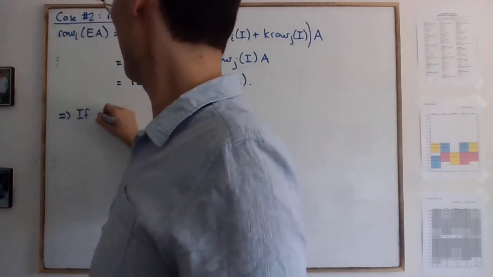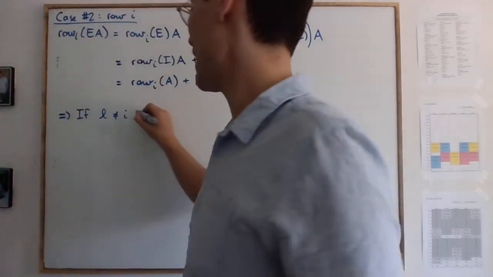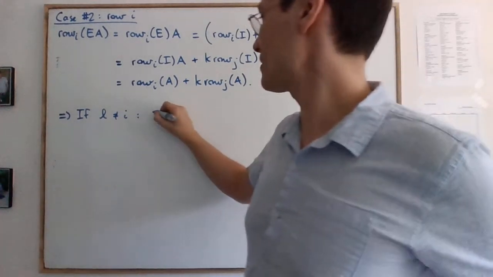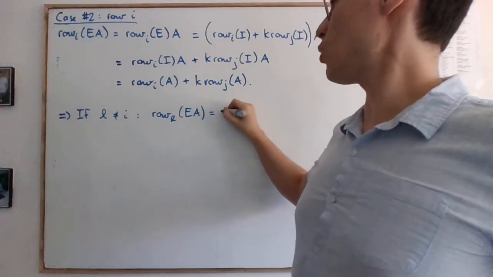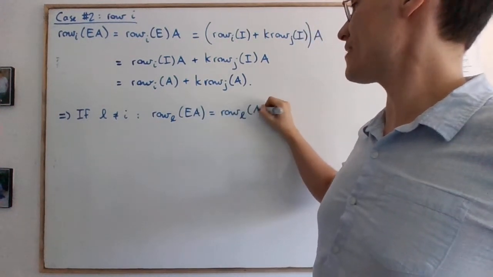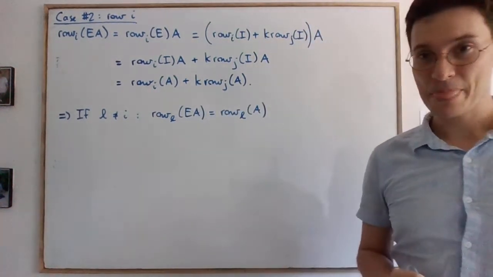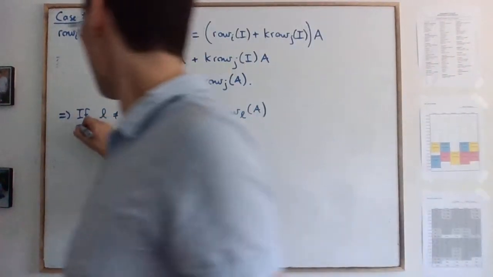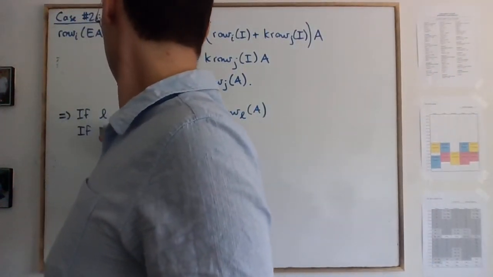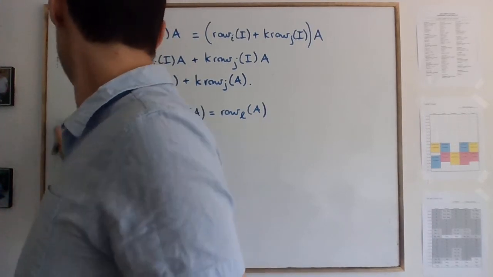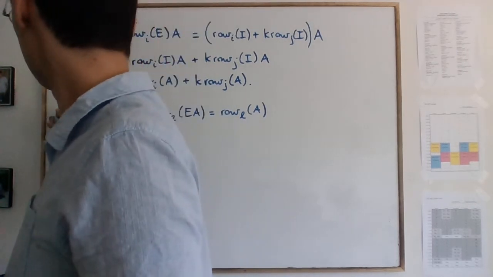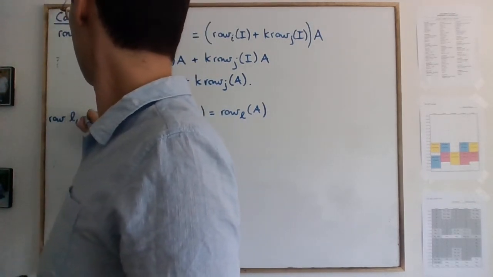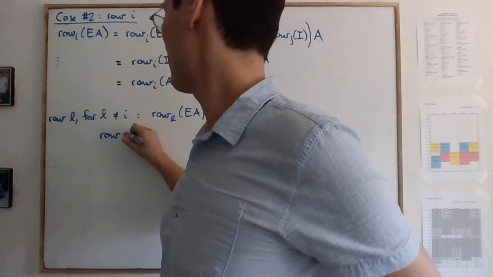If l is not equal to i, we have that the row l of EA is equal to row l of A. That is for l not equal to i, and this will be for row i.